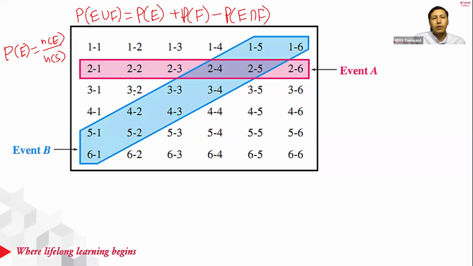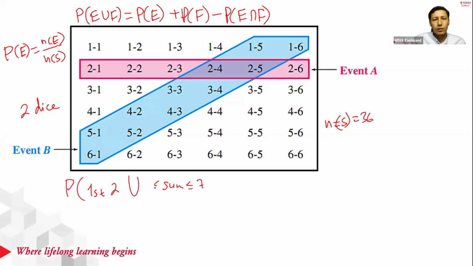For example, here, this one is about what? Two dice. When you roll two dice, there are how many? 36 possibilities. Okay, 36. And for example, find the probability of the first die shows 2, or the sum is between 6 and 7.